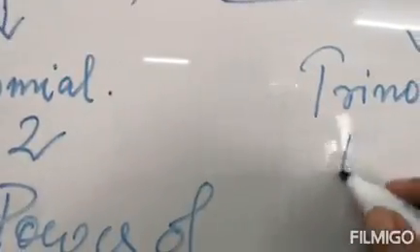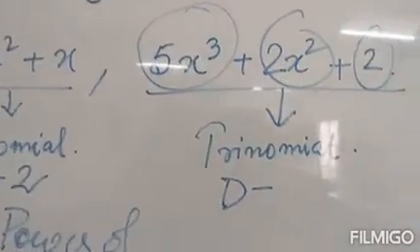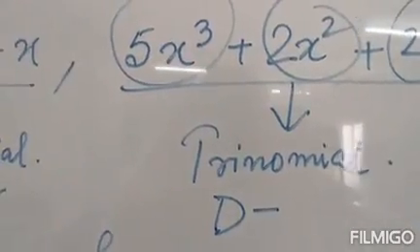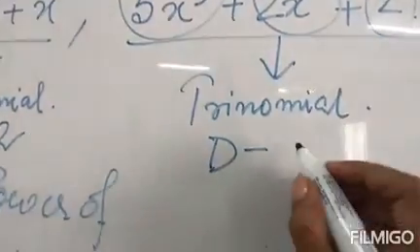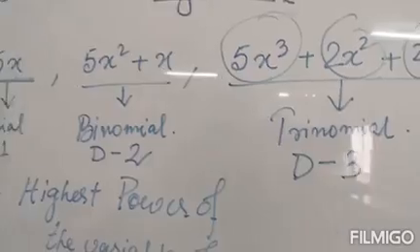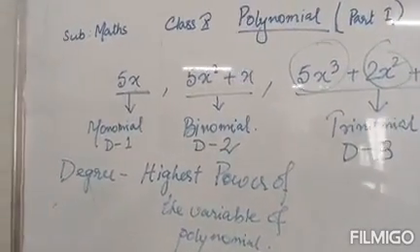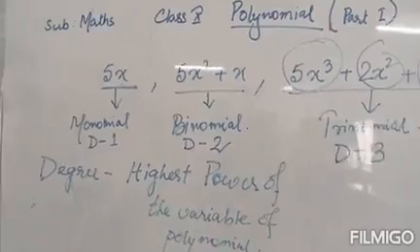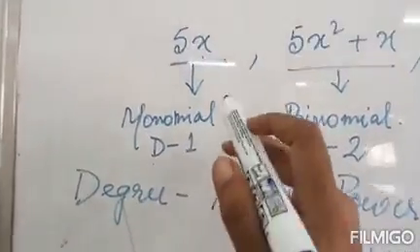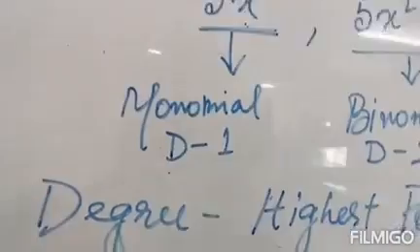And in this one, you see there are 3 terms, and what is the highest power of x? It is 3. So this is the degree of polynomial. It is not that a polynomial always means only one term.